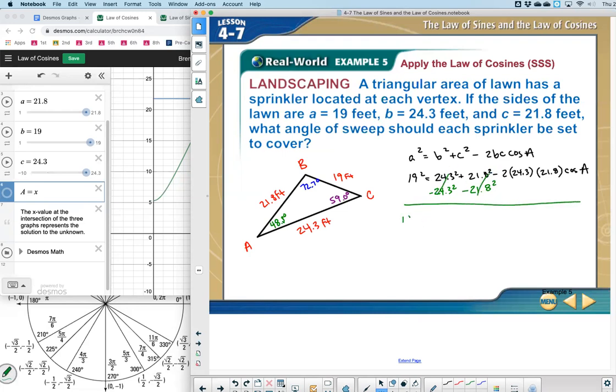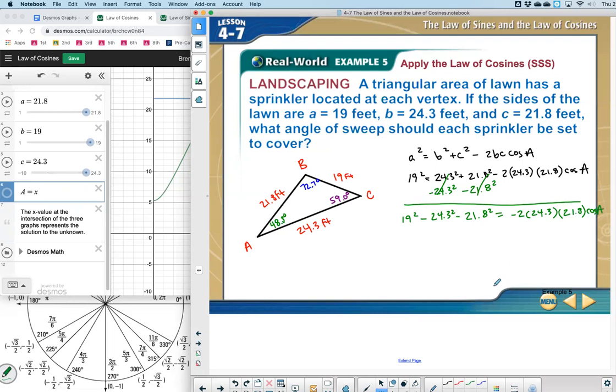So right now what I have is 19 squared minus 24.3 squared minus 21.8 squared equals negative 2 times 24.3 times 21.8 times cosine of capital A. You getting tired of watching me do this yet?